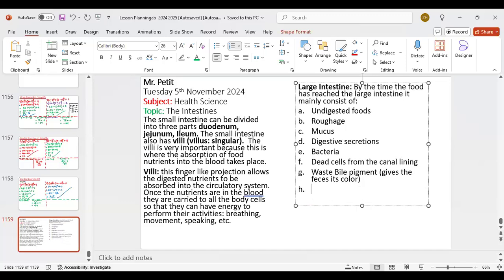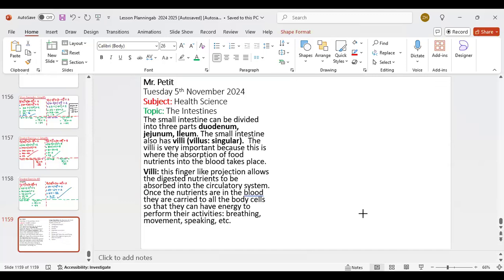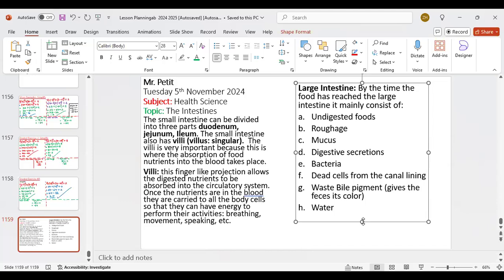And then water, right? Even though a lot of water is absorbed, the large intestine is also good because it absorbs the water as well. That's why unless you're sick, your stool should not be watery, right?